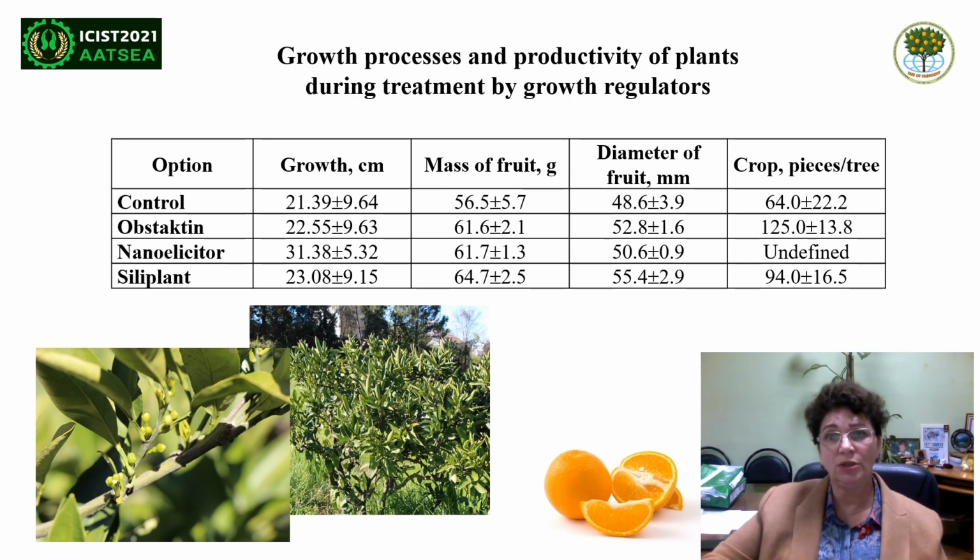The calculation of growth parameters and the number of fruits left on the tree during treatment with growth regulation was made. The active growth of shoots on the variant with all growth regulation was determined.